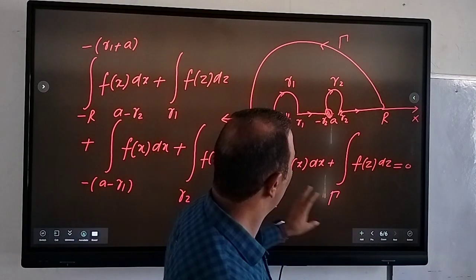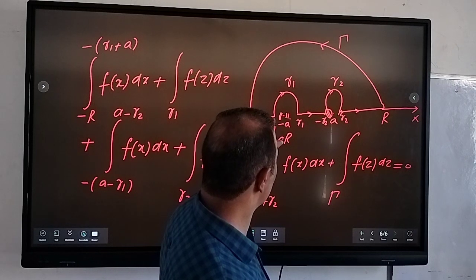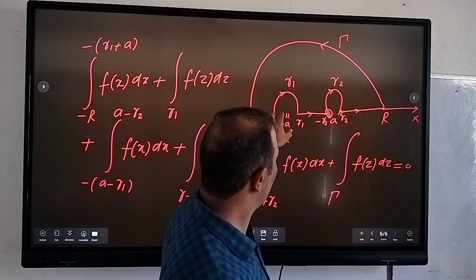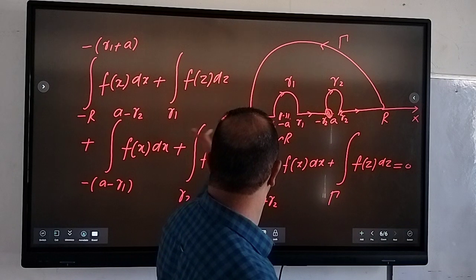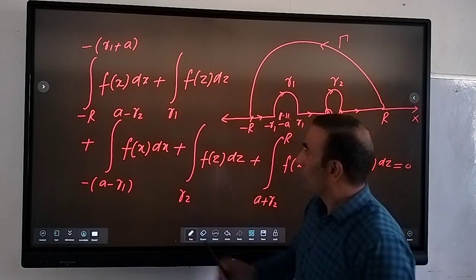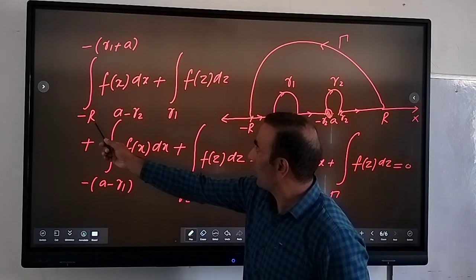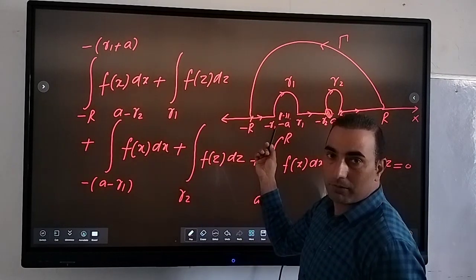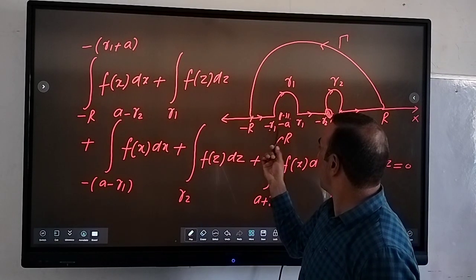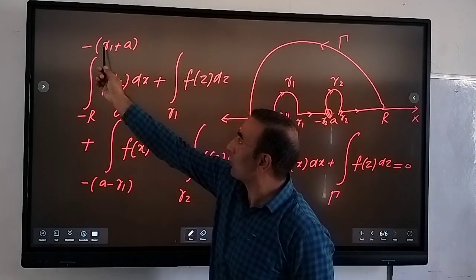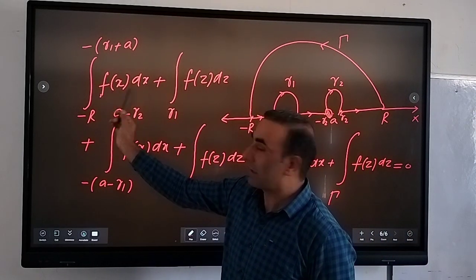The first integral will be from minus r to this point, then another over the semicircle. Let me repeat it here. The first integral goes from this point to here, that is minus r to minus r1 plus a, because both are minus. So this is minus r1 minus a, or you can write minus into r1 plus a. It will be f of x dx.